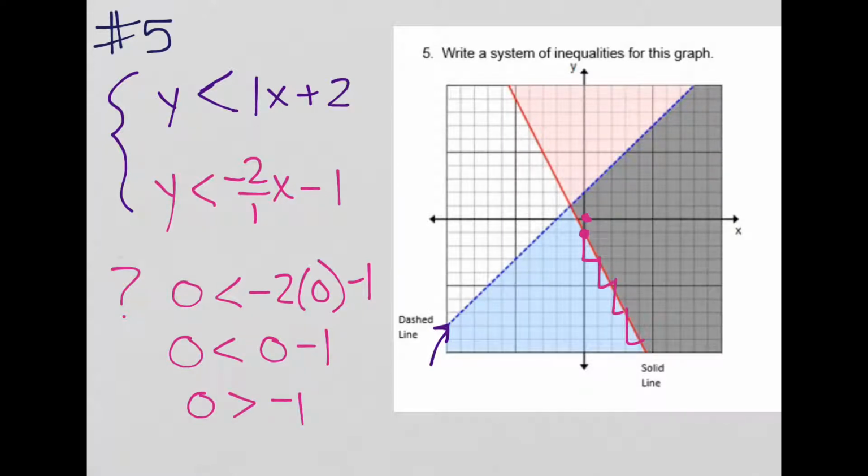So I can't like say, well, then you better shade on the other side of the line. No, what we were testing was, is it less than or greater than? So it looks like I guessed wrong because it's not less than right here. What we just learned is that it should have been greater than. So, okay, fix it. Now you're done.